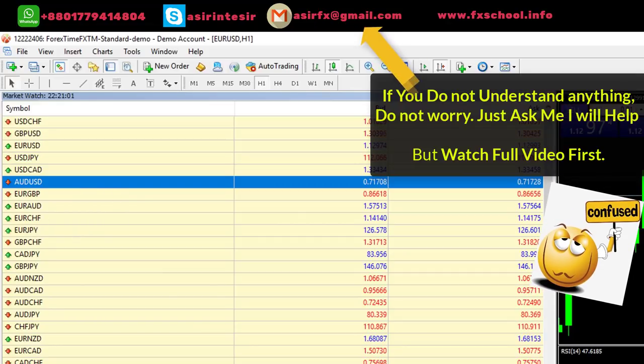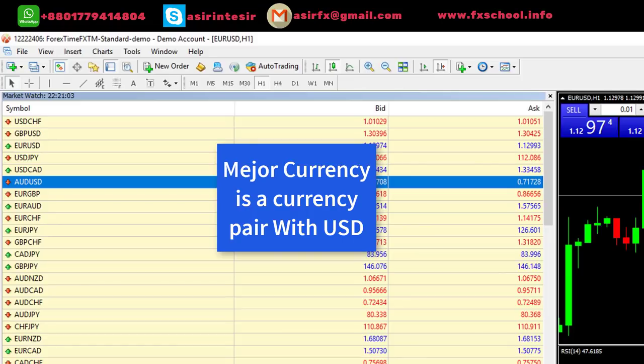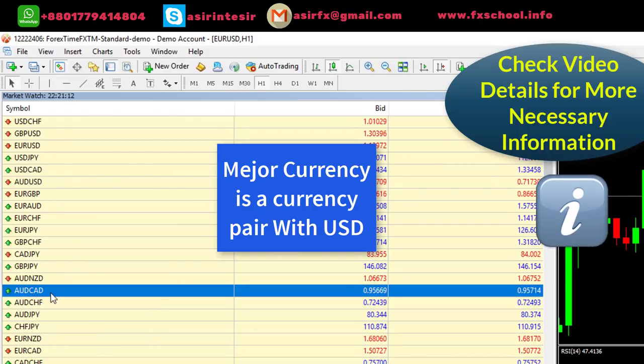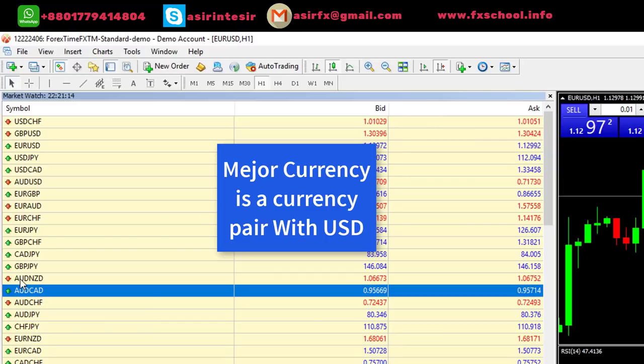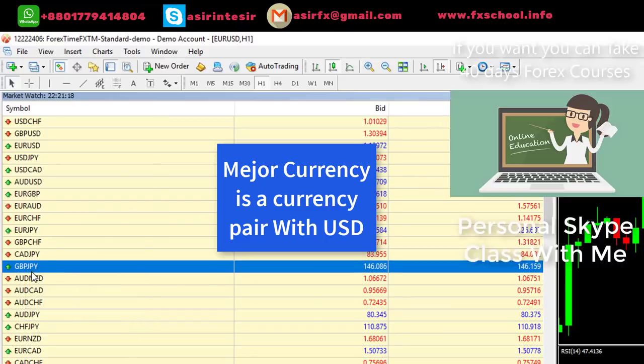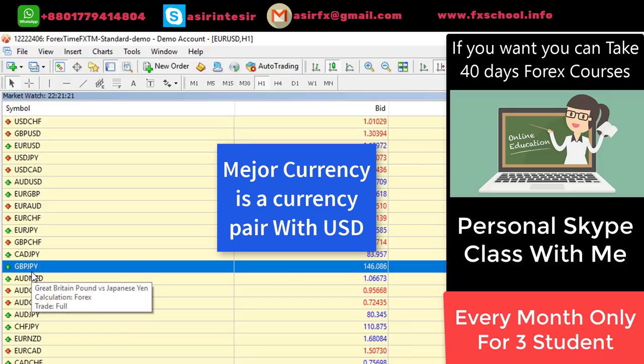Now the question is, what is a major currency? Major currency means, when you see some pairs like AUD CAD, AUD NZD, GBP JPY, there is no USD, so those are not major currencies.